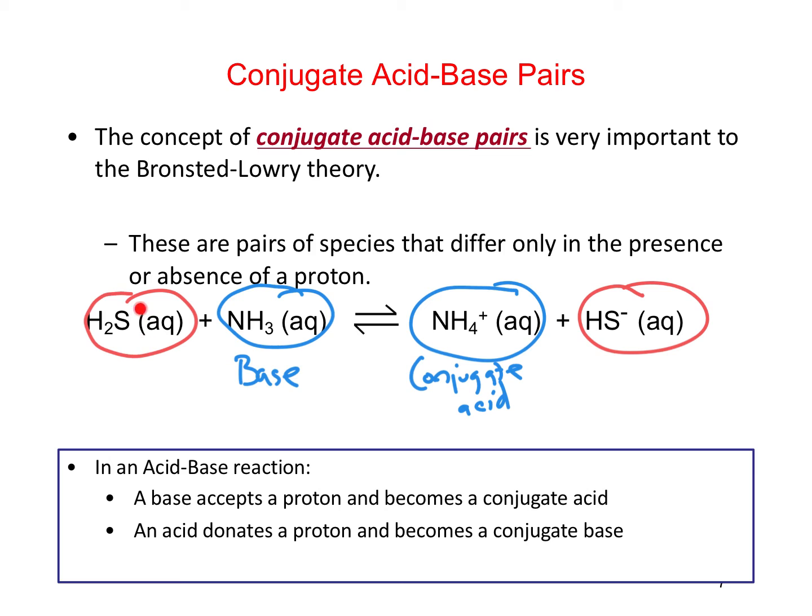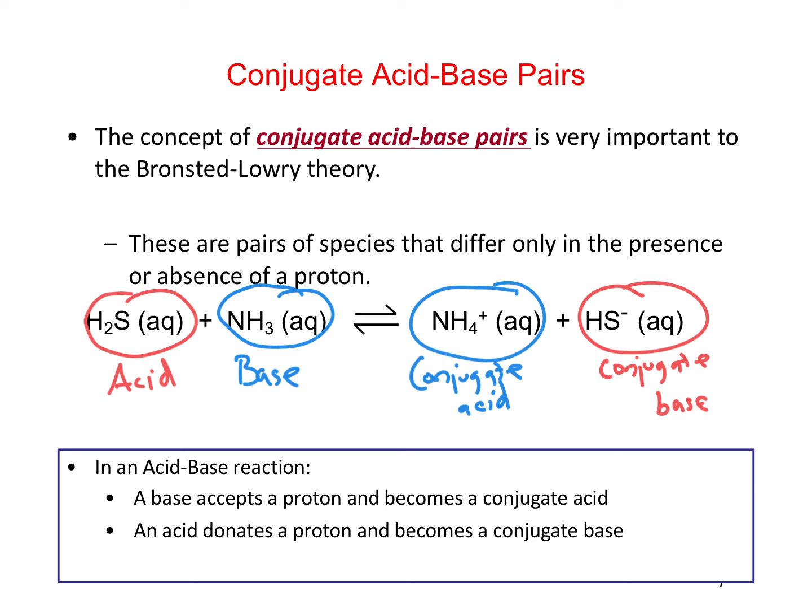And then when the acid donates its proton to the base, it becomes the conjugate base. And so we would say H2S is the acid, and the HS- is its conjugate base.